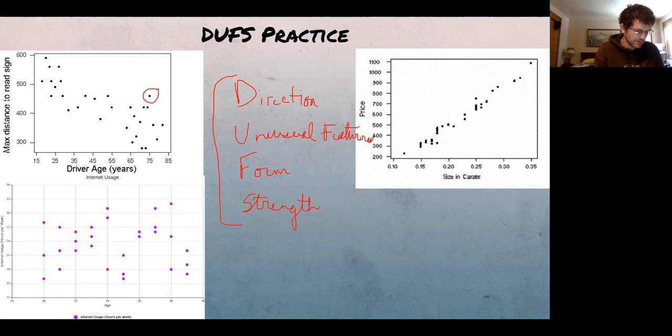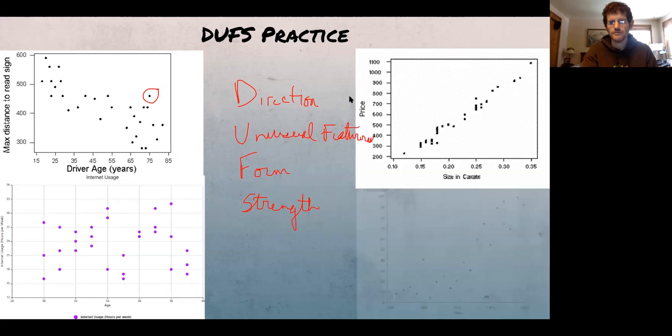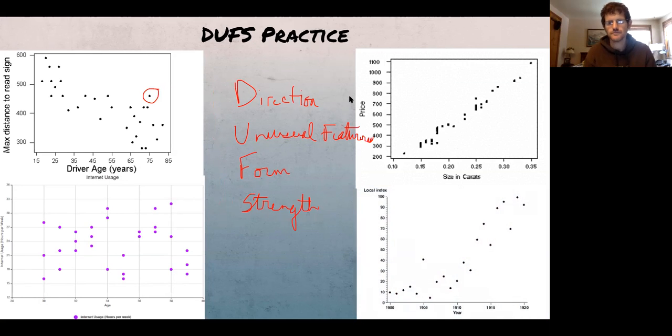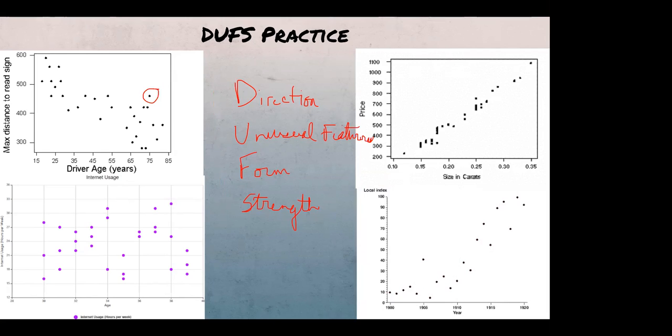All right. So last one right here. For this one, the direction is positive, no unusual outliers.